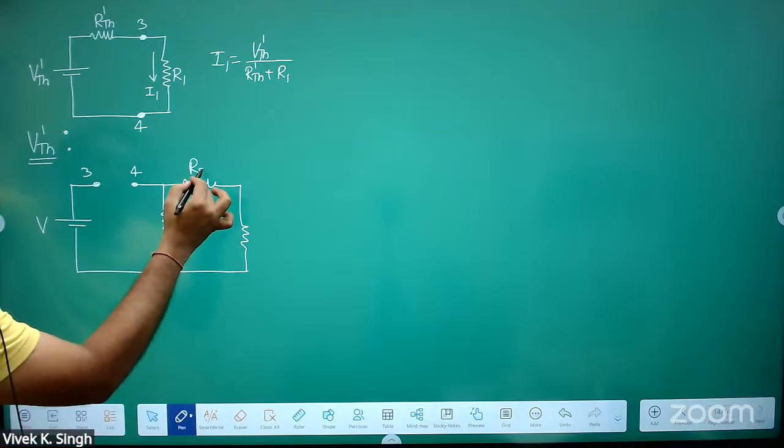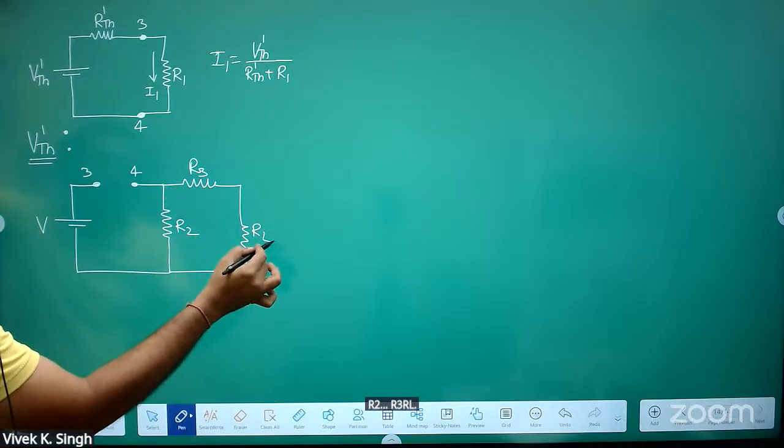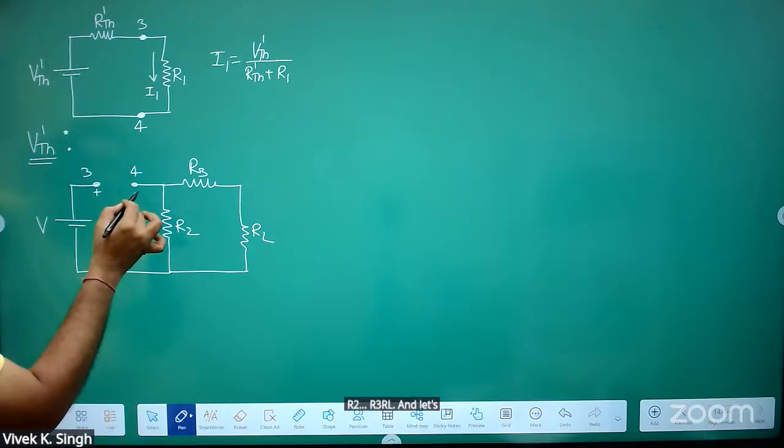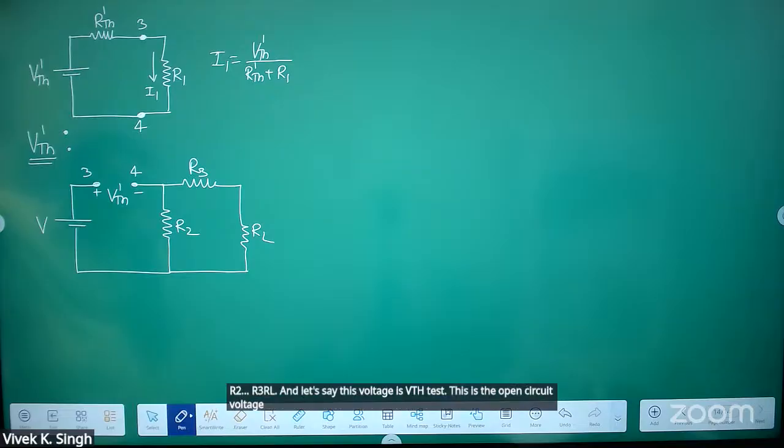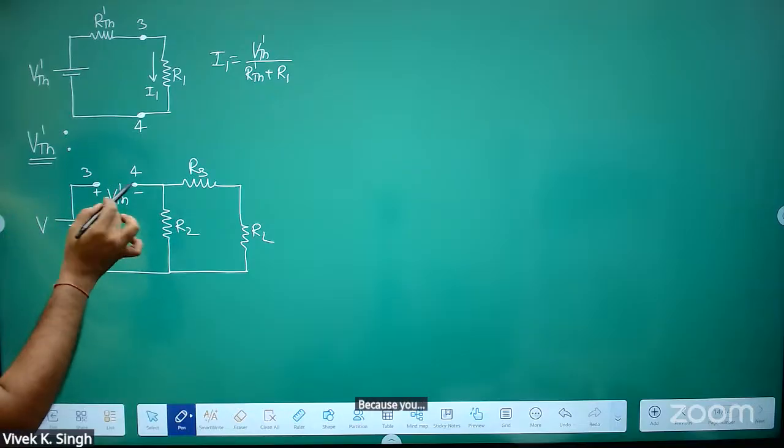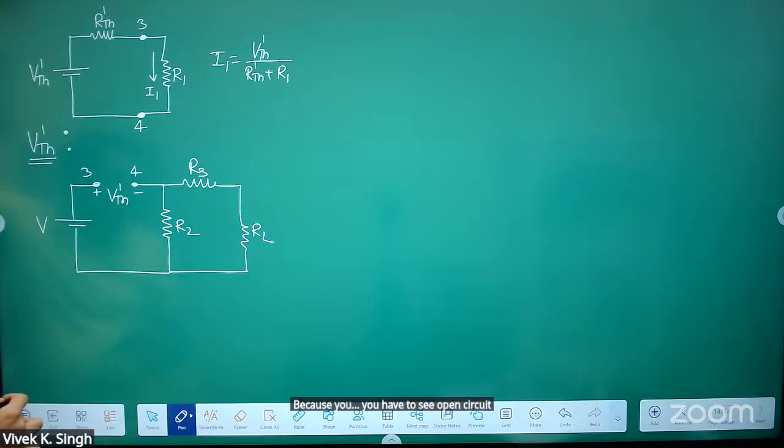R2, R3, RL. And let's say this voltage is VTH dash. This is the open circuit voltage by definition, because you have to see open circuit voltage across terminal 3 and 4. Yes or no? Yes, sir.